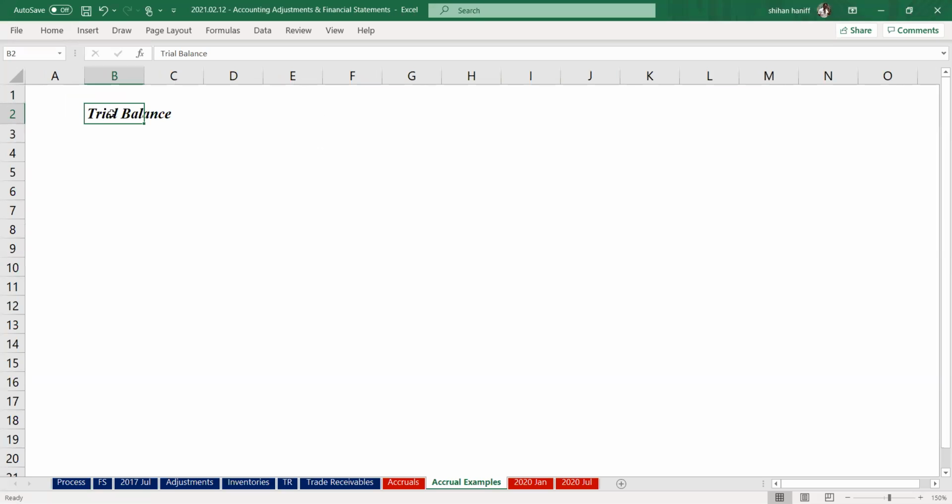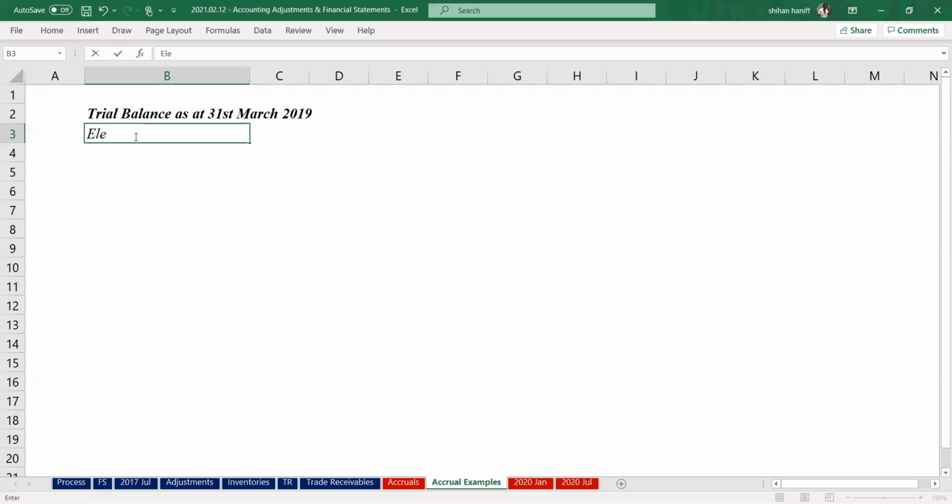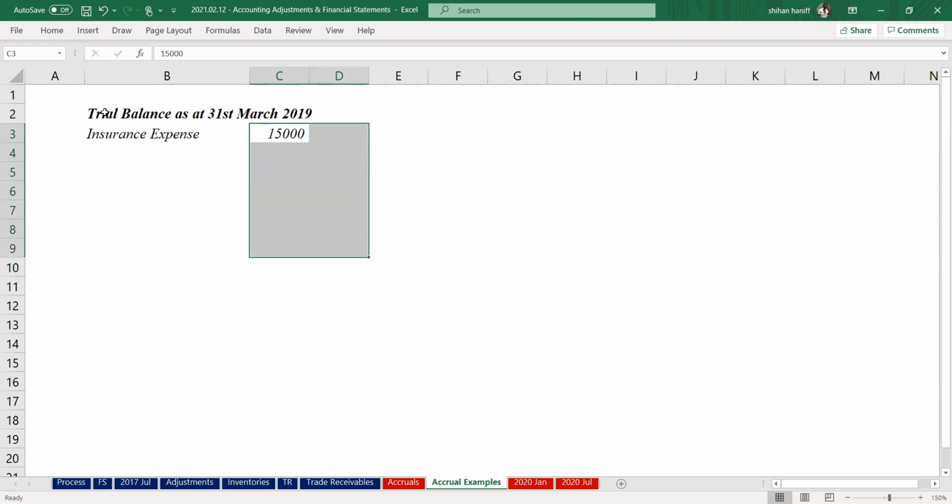So in this trial balance as at 31st March 2019, we have insurance paid, insurance expense 15,000, right?